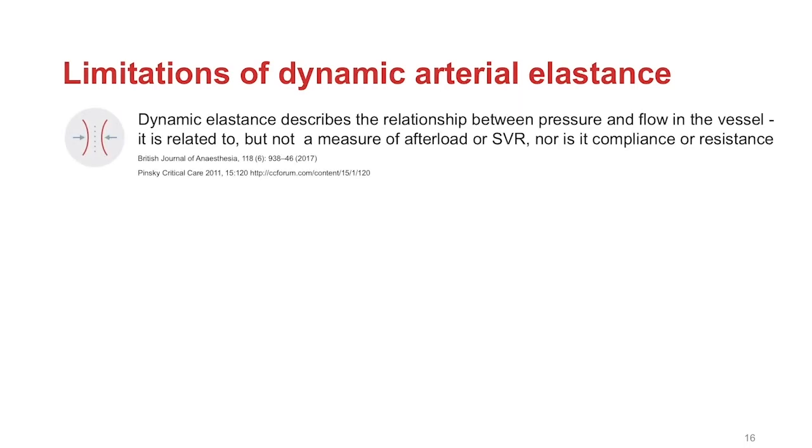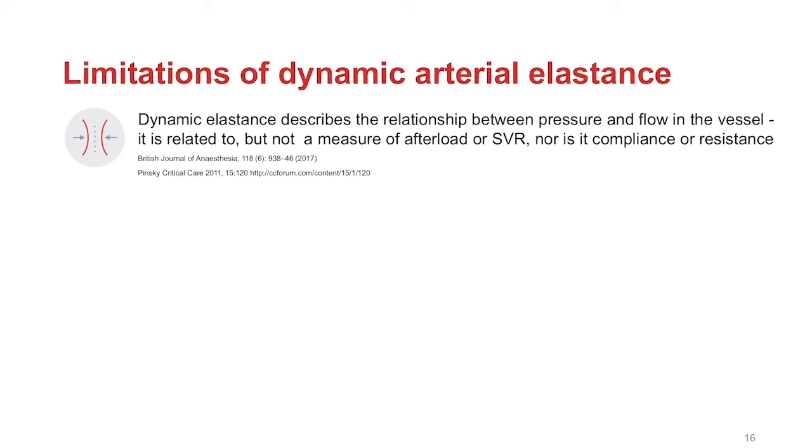There are some limitations of dynamic elastance. EA-dyne is a relatively new parameter, and caution is needed in its use and interpretation. It must be remembered that dynamic elastance describes the relationship between pressure and flow. It's not a measure of afterload, it's not a measure of SVR, nor is it compliance, nor is it resistance. It is simply EA-dyne.